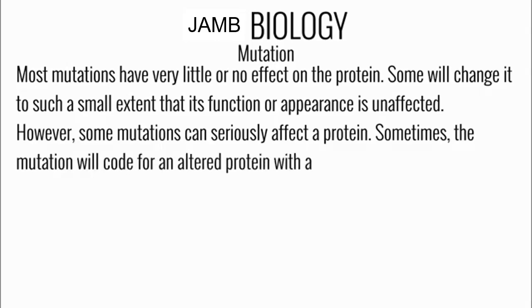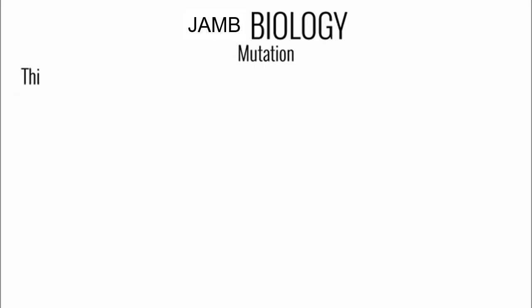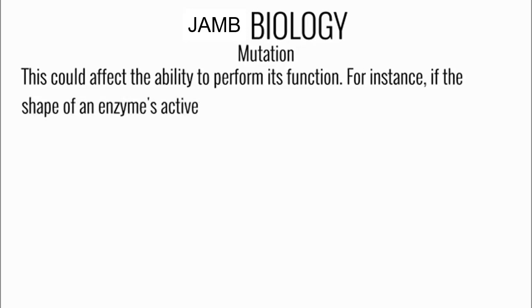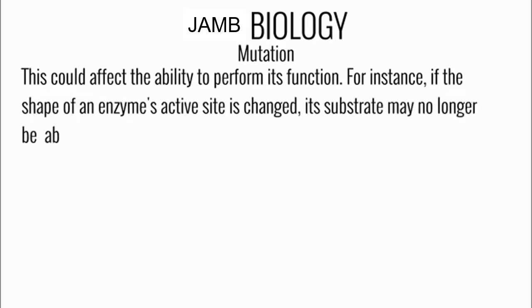Sometimes the mutation will code for an altered protein with a change in its shape. This could affect its ability to perform its function. For instance, if the shape of an enzyme's active site is changed, its substrate may no longer be able to bind to it.